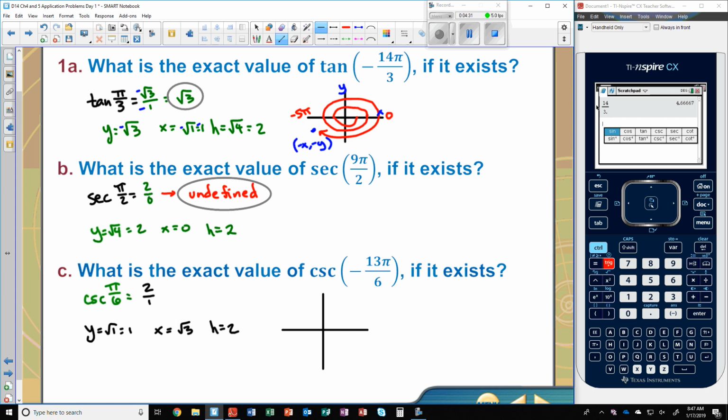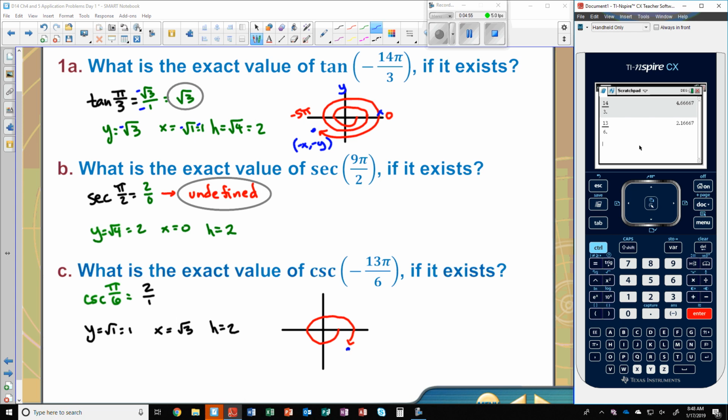I'm going to figure out the exact value, just in case I don't know. I can say negative 13 divided by 6. It's just a little bit more than negative 2. So if I went around, this would be negative 1 pi. This is negative 2 pi, but since it's a little bit more, it's going to be somewhere over here.